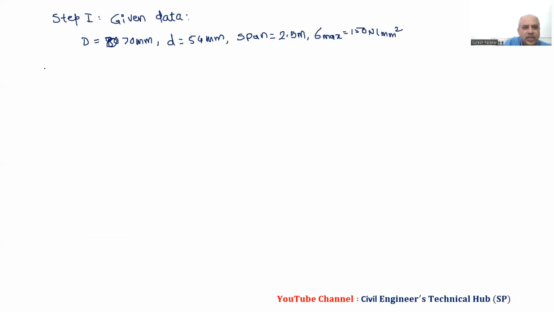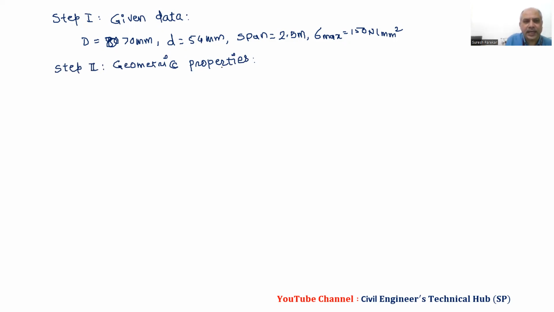And now we will go to step 2, geometric properties. As the section is symmetrical about the center, we do not need to find the value of y bar. So y bar will be at the center.